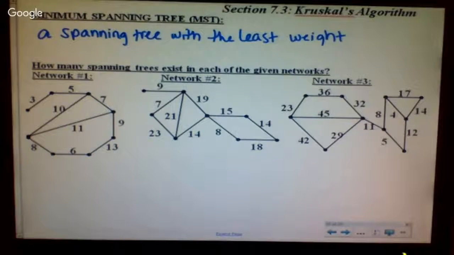We just got done talking about the fact that you could have many different options for a spanning tree. How do we then go about finding the shortest, the least, or the smallest spanning tree?